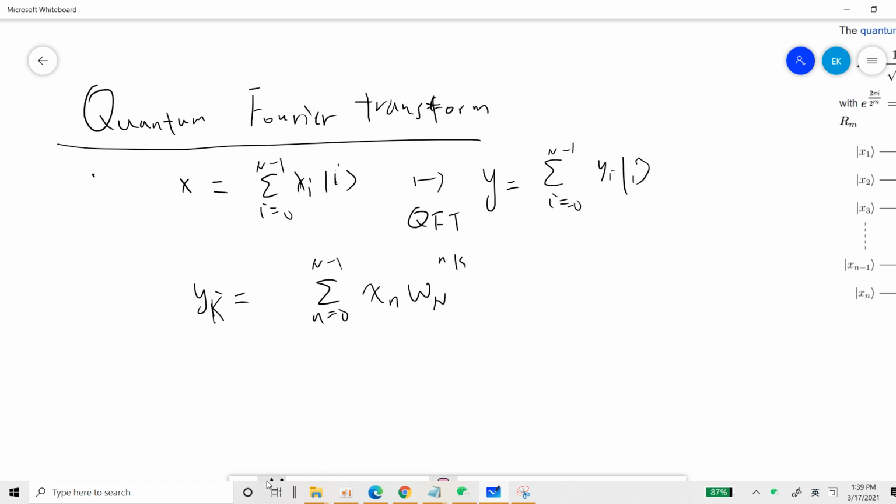So this is the definition, and ω_N is the capital N-th root of unity.